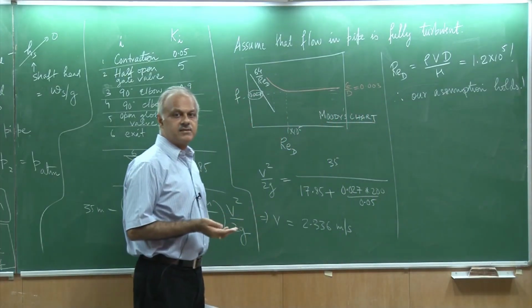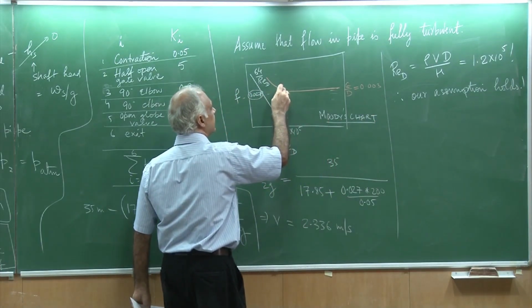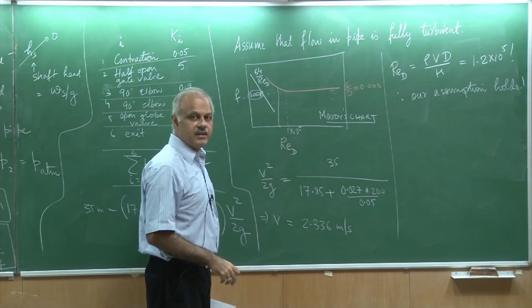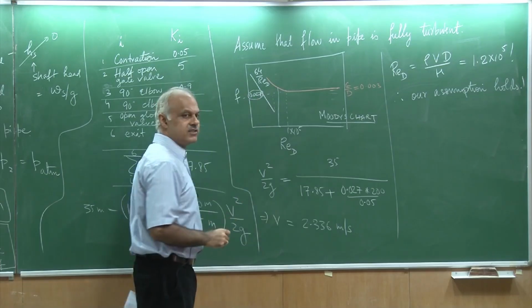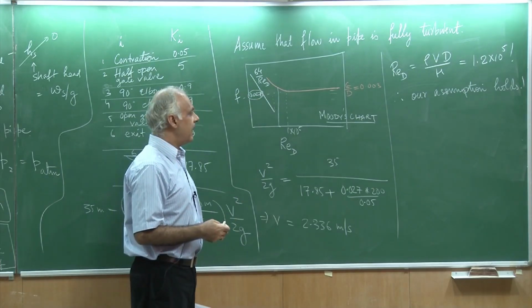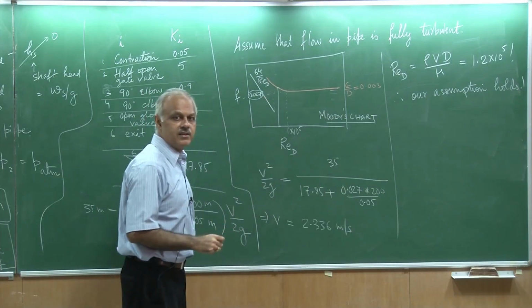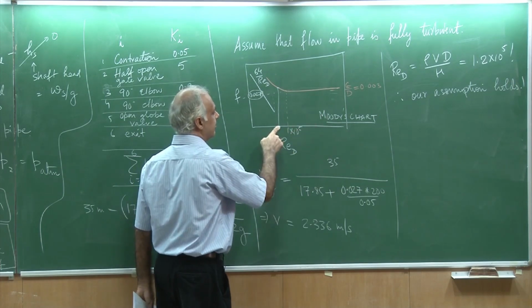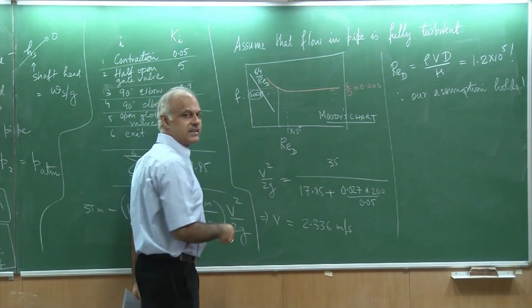Suppose it did not. Suppose I found that this Reynolds number lies somewhere here, this value. Then what it implies is that the value of f that I assumed was too little, and I should actually choose this as the value. So, I use this Reynolds number which I have estimated, and then estimate this value of friction factor.